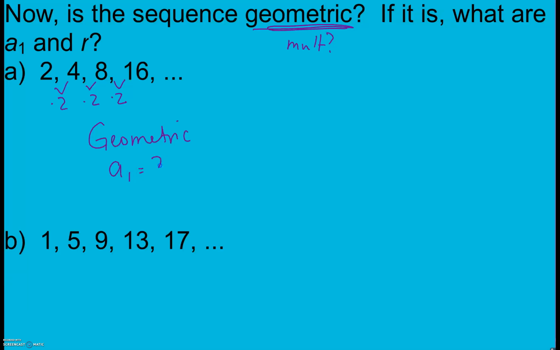A sub 1 is where we start, and our r is what we multiply by every time. Here again, they both happen to be 2. B, to go from 1 to 5, I times by 5. 9 to 5, I can't multiply by 5. So I know that these are not equal. It's not geometric.